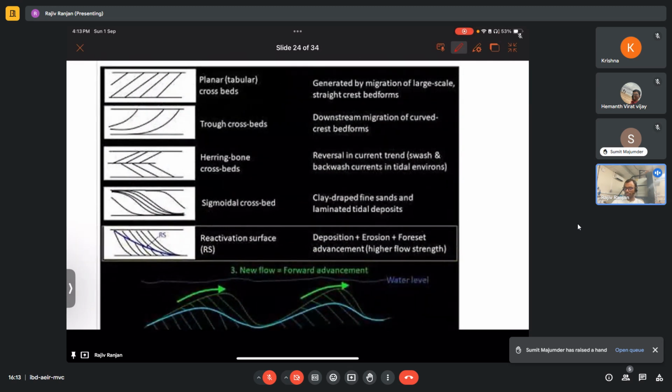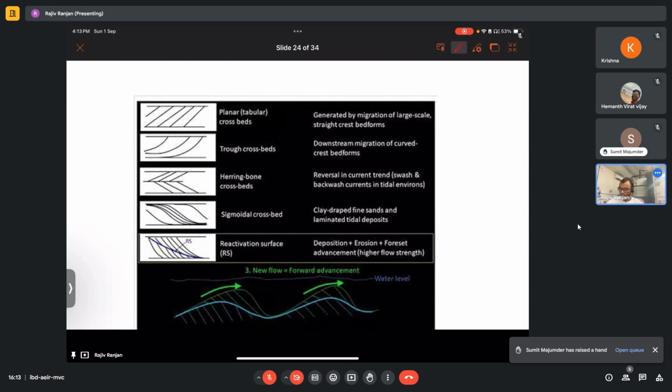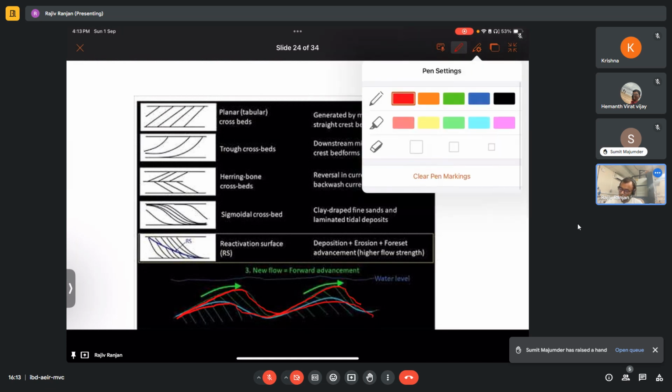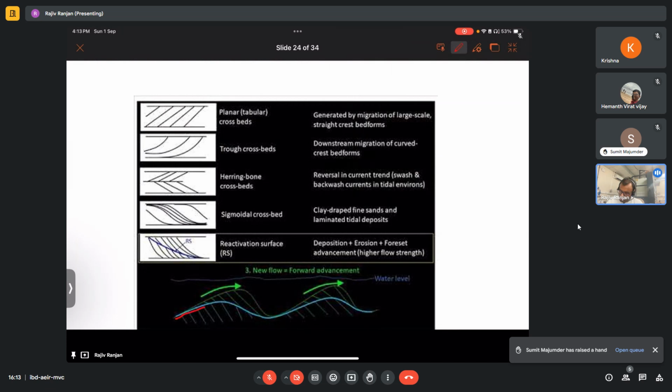You can see here, this is the water level. This is the ripple marks. And later due to the displacement, this has become like this. Earlier this was like this, but due to this continuous movement, the sediment is depositing from here and moving towards the right.